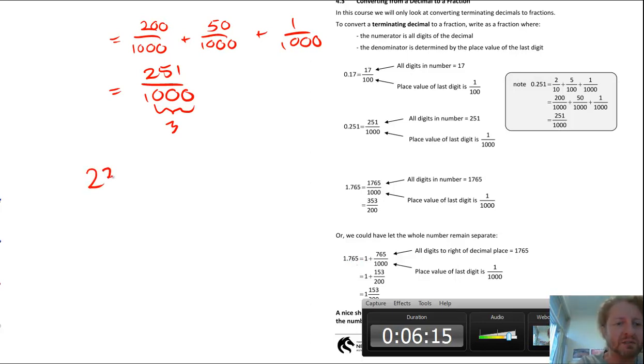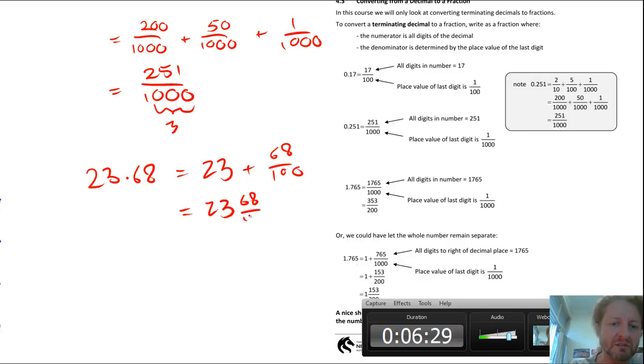So if I said I've got the number 23.68, it's totally acceptable to say that's 23 plus 0.68, which would be 68 on 100 because of the 2 decimal places. So I've got 23 and 68 hundredths. Sure, I could bring that down, it'd become 34 on 50, then 17 on 25. I didn't have to make it improper. I could, but maybe you just wanted it mixed.